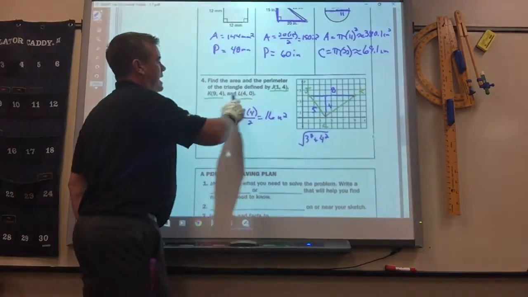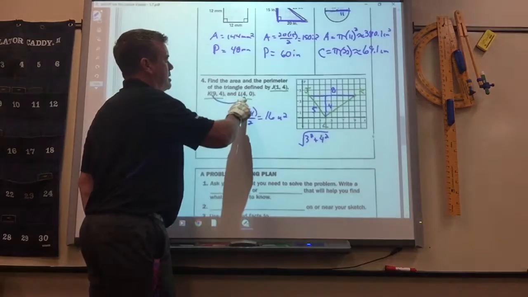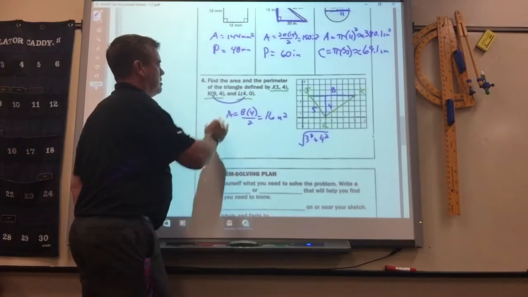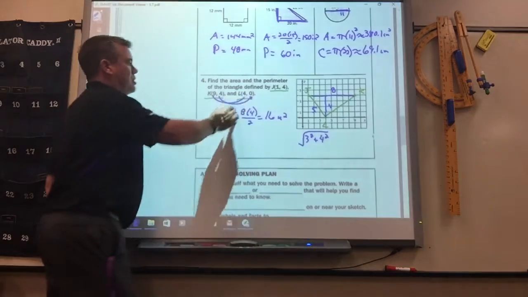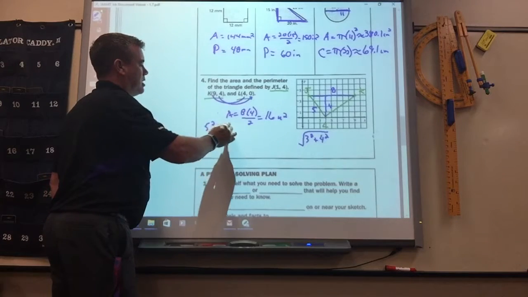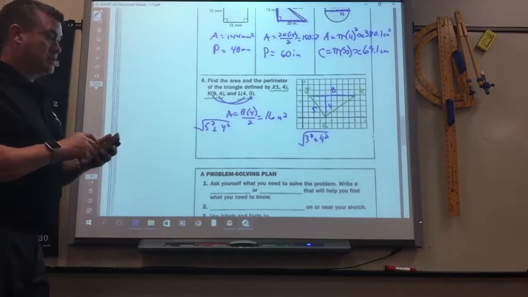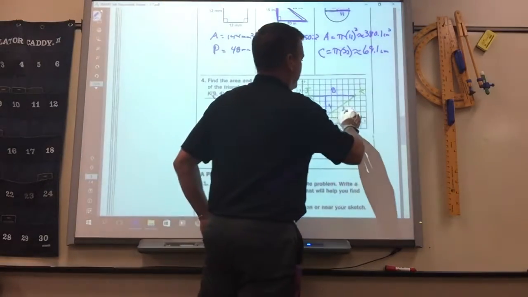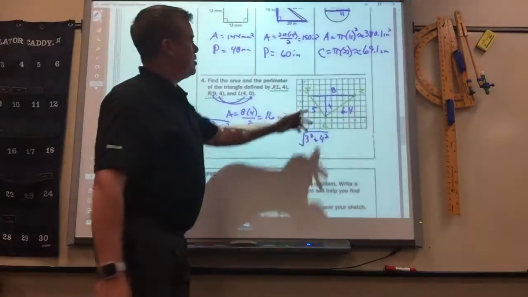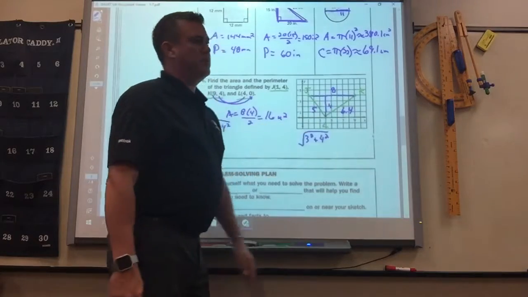This one from K to L, x minus x is 5 squared, 4 minus 0, y minus y is 4 squared, square rooted, 6.4. So, the perimeter is 8 plus 5 plus 6.4.